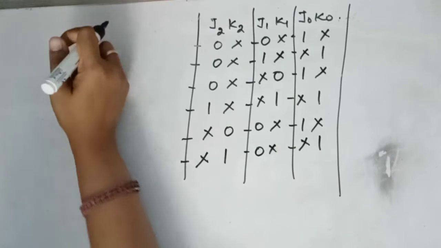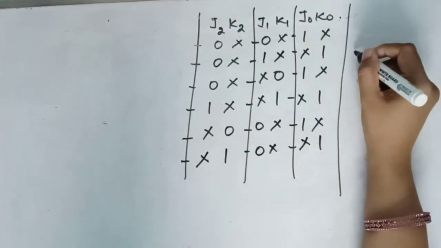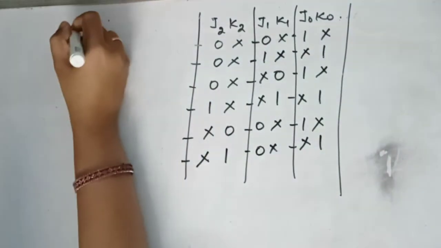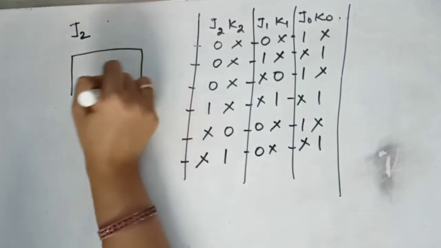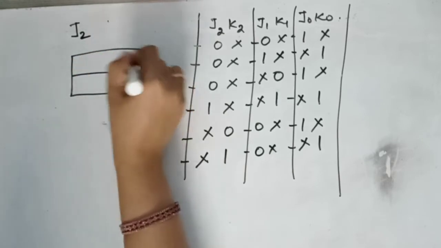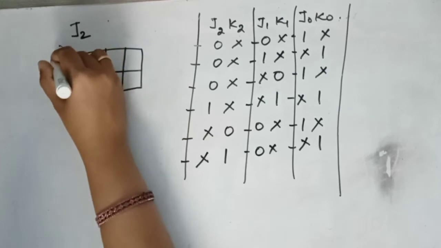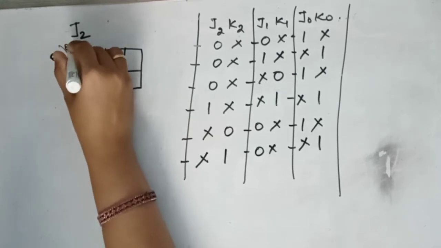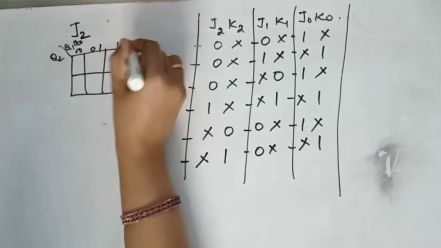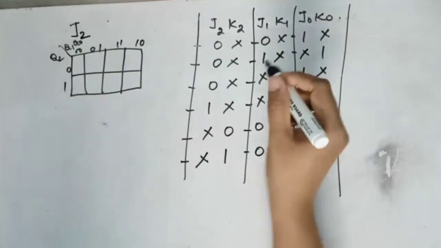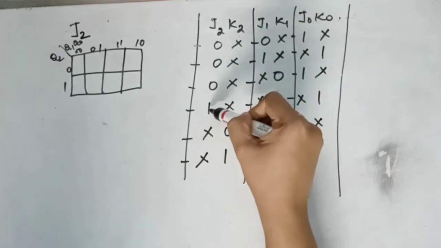So you can write for J2, Q2 Q1 Q0 with Q1 Q0 as 0 0, 0 1, 1 1, 1 0. This is 0 1, so J2, this is 0 1 2 3.